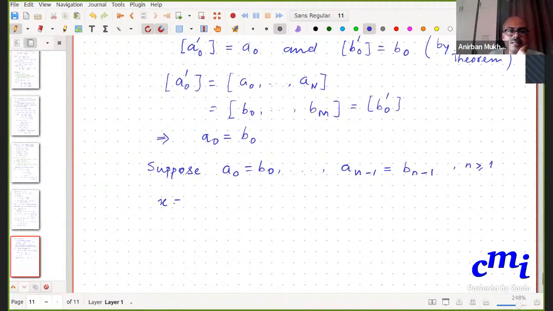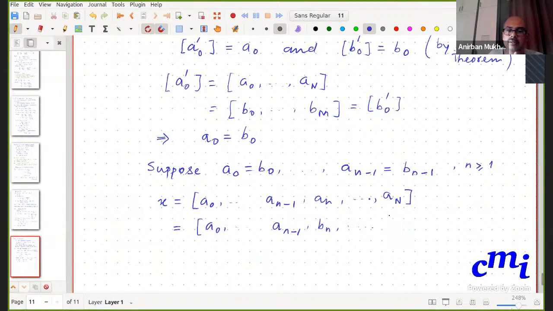Then x is written as A naught to A n minus 1, A n, and the last entry is A capital. And this is the same as, we have shown that the first entries are all equal, and then we have Bn and so on.